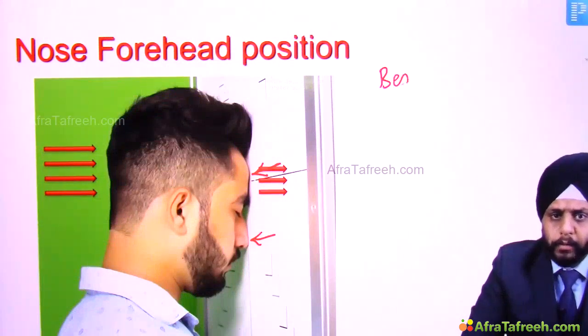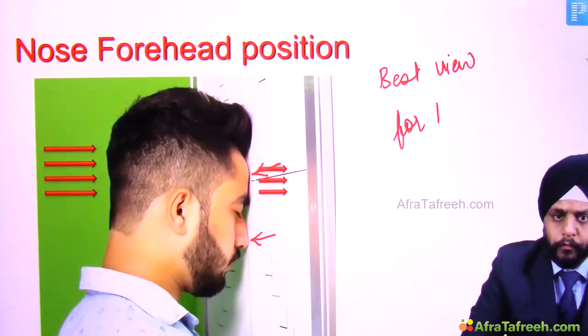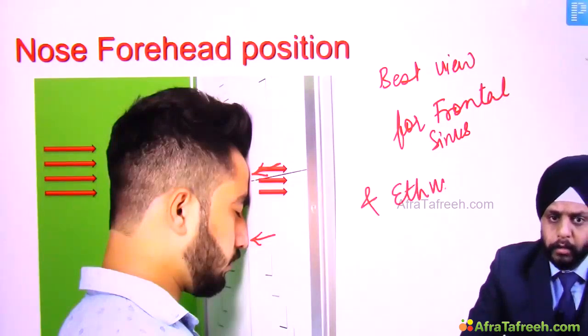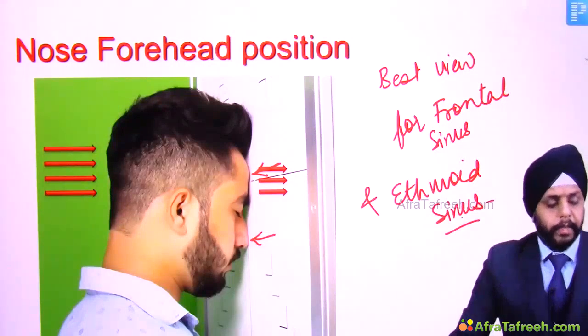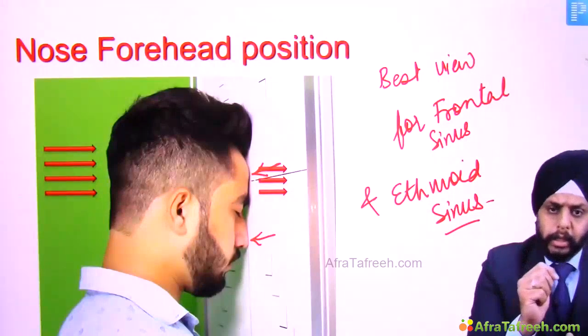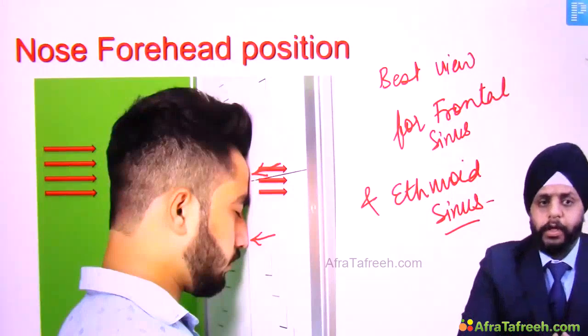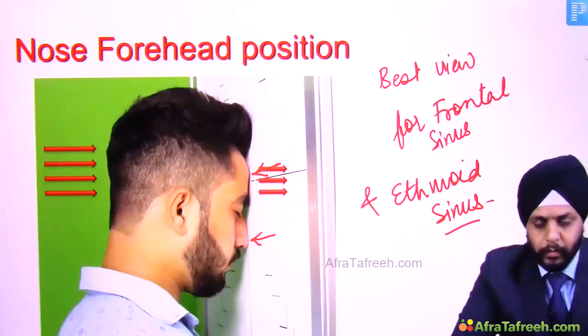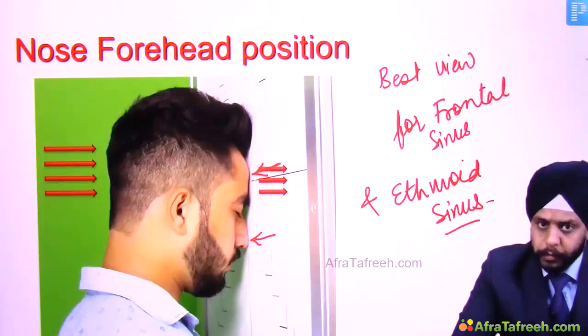Okay, now remember, before I go ahead, that the Cardwell's view is the best view for frontal sinus, yes of course, as well as ethmoid sinus. Now, this is very important. When I say best view for ethmoid sinus, my answer is Cardwell's view. It is not Waters' view. Why?